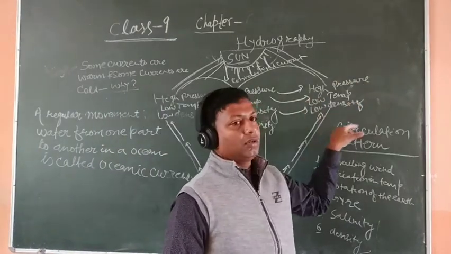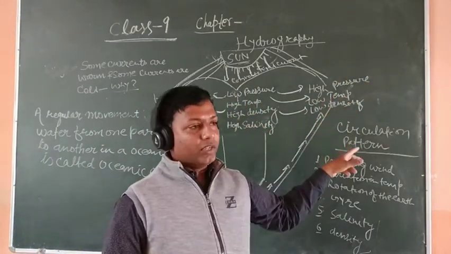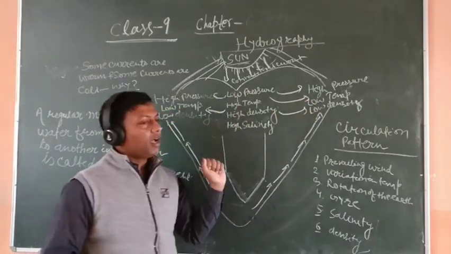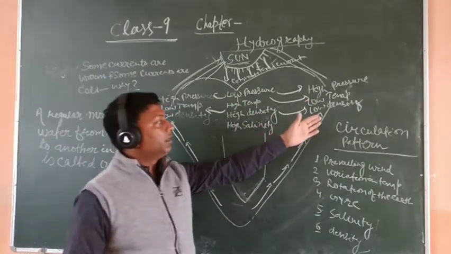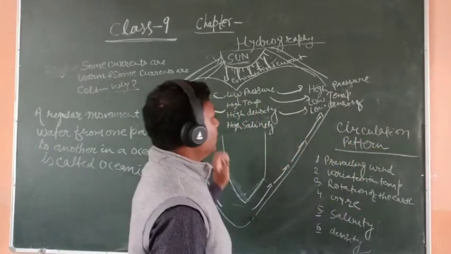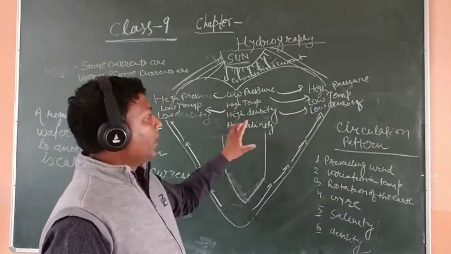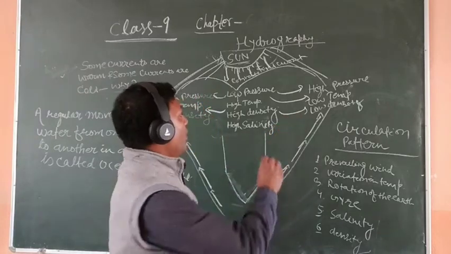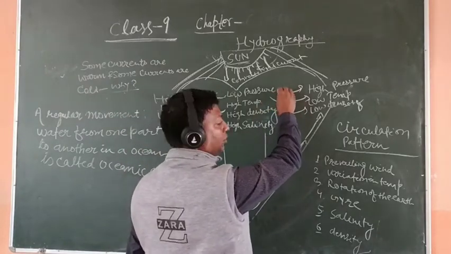So there is less evaporation in comparison to that particular area, so there is low salinity and low density of water.